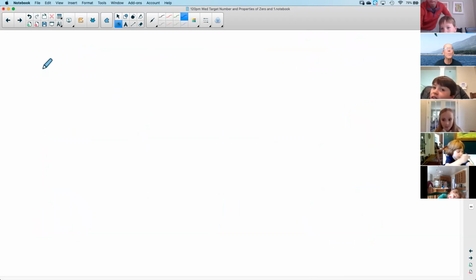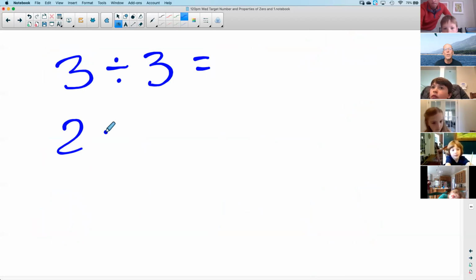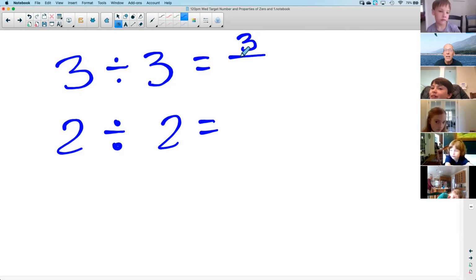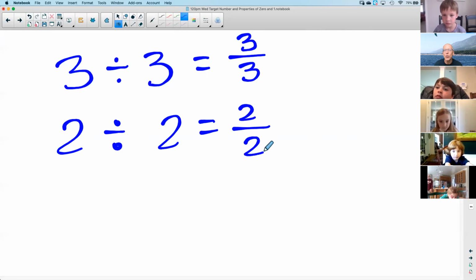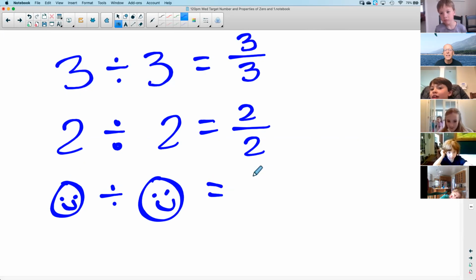Are you ready? What about 3 divided by 3? Or 2 divided by 2? And you can also write that as a fraction. 3 divided by 3, 2 divided by 2, smiley face divided by smiley face.